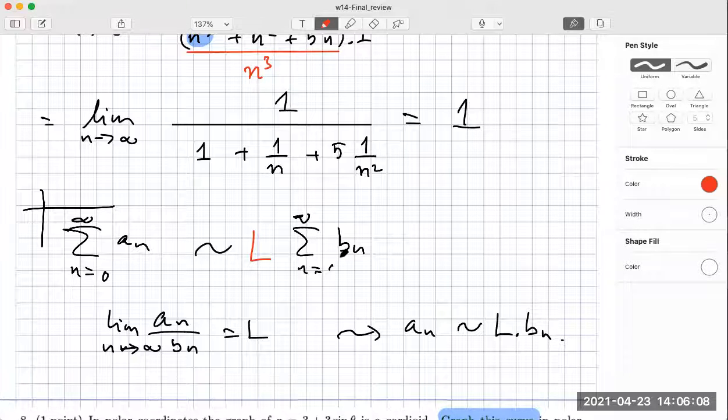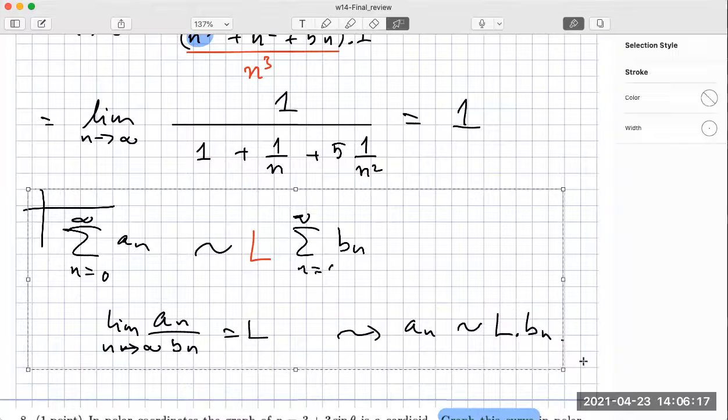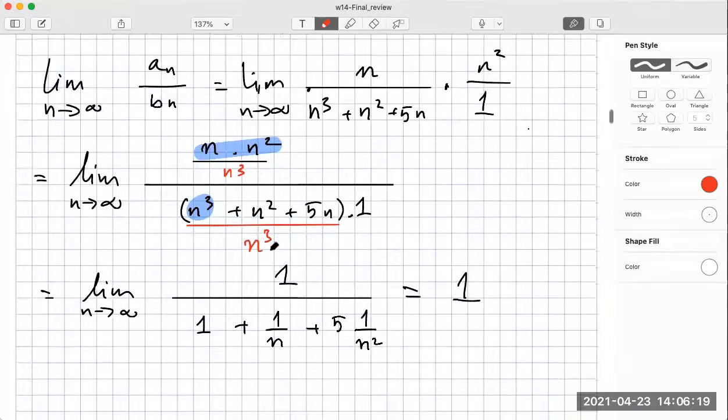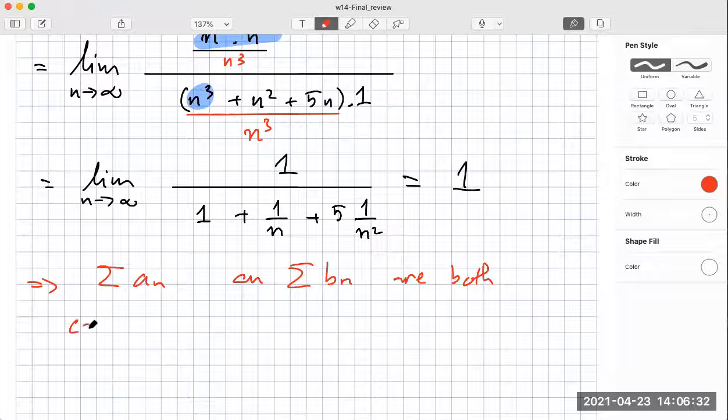If one of them goes to infinity, the other will also go to infinity. That is why they are both convergent or both divergent. In short, from this limit we conclude that the series a_n and the series b_n are both convergent.